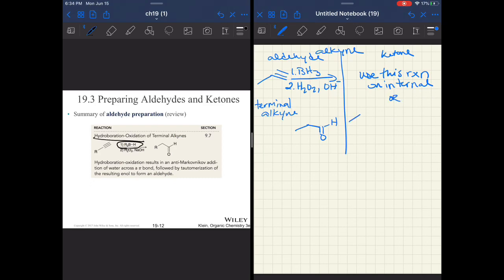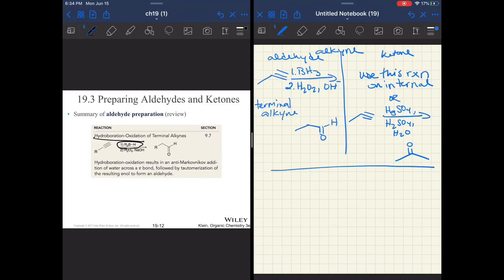Or if you have a terminal alkyne and you want the ketone, you can use mercury sulfate, sulfuric acid, and water. And this one gives you the Markovnikov product. Again, it gives you an enol that is not stable and tautomerizes to the ketone.